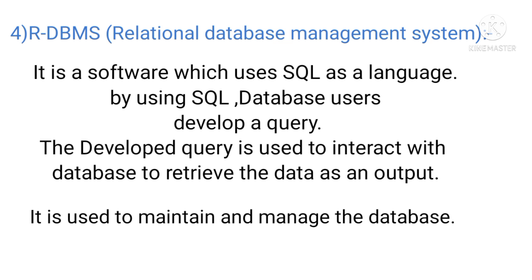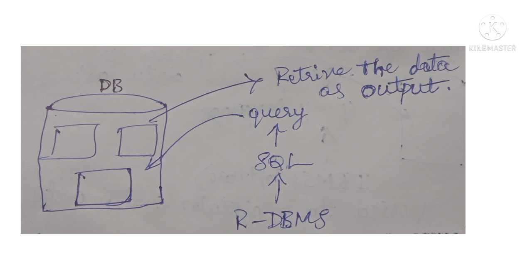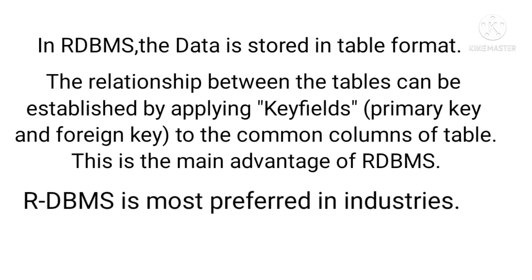The only difference is we can establish a relationship by applying key fields to the common columns of data tables. It is used to maintain and manage the database. The features of R-DBMS are the same as those of DBMS.